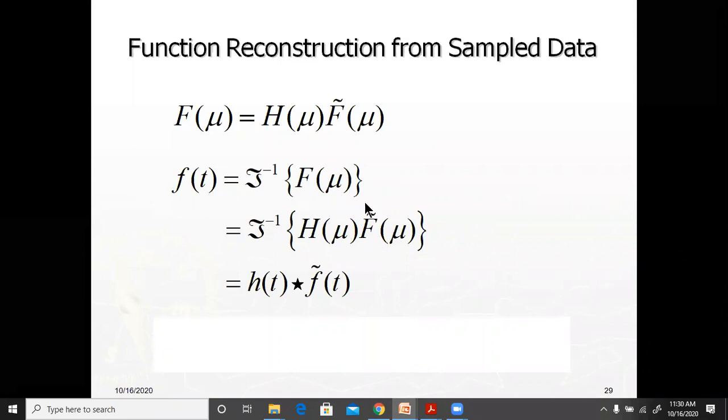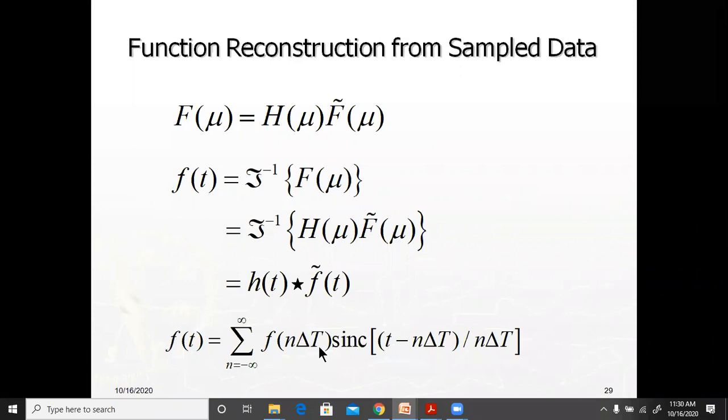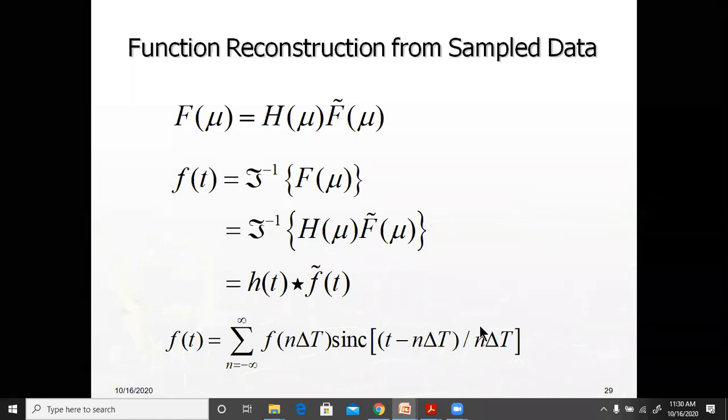Multiplication in the frequency domain is given by convolution in the time domain, and this convolution will give us the sum over n from minus infinity to infinity of f(n delta t) sinc((t minus n delta t) by n delta t). This we can derive.